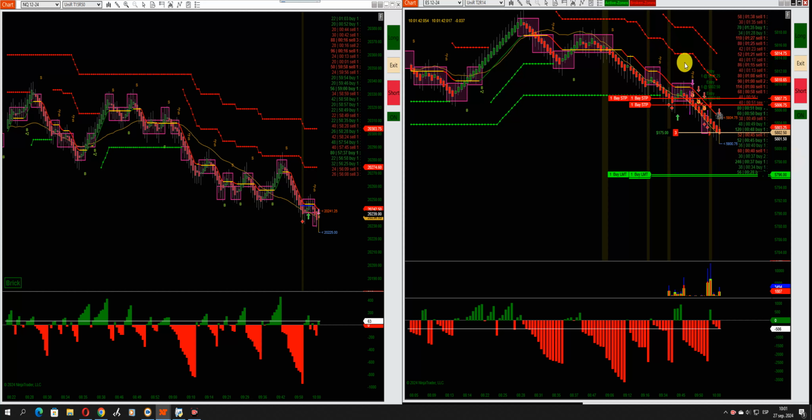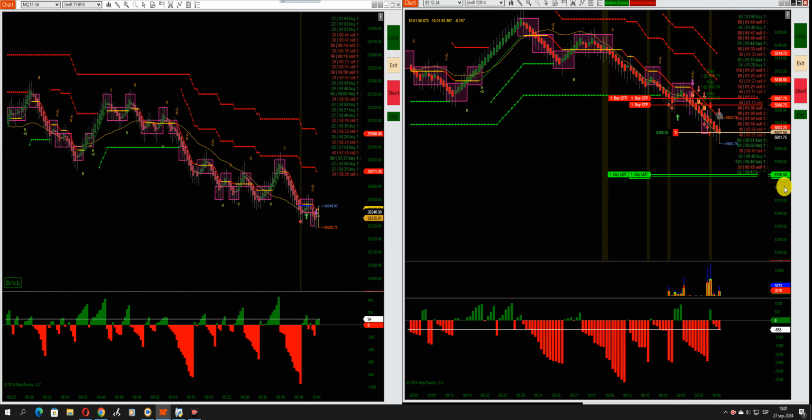We are below the 2 ATRs. Remember, 2 ATRs. If we are not below both ATRs or above both ATRs, it will not work. And the Nasdaq has to be in conjunction.